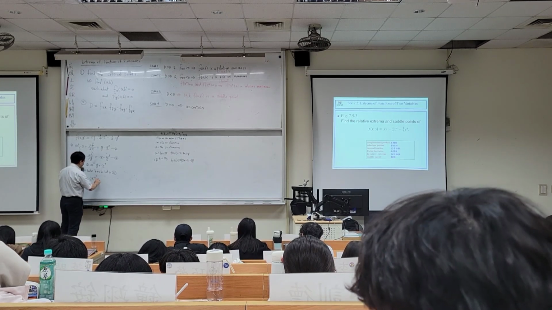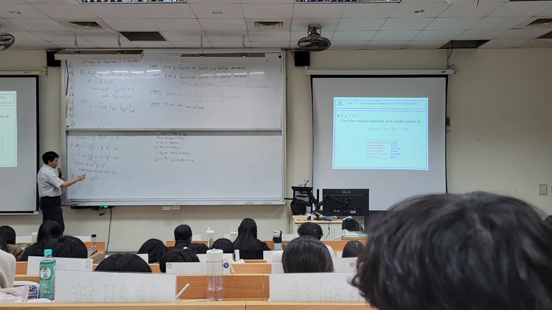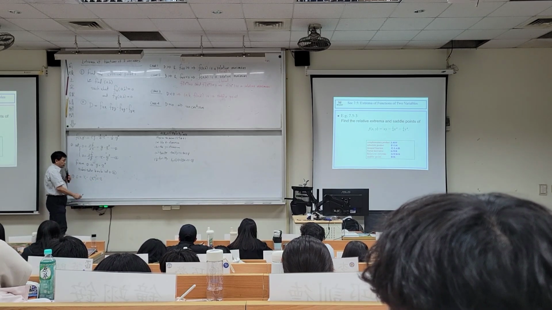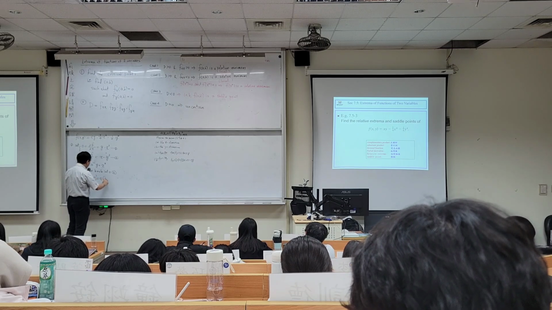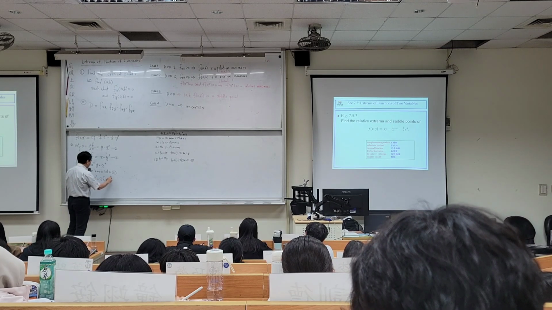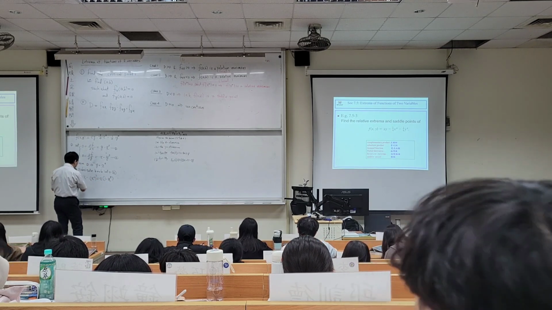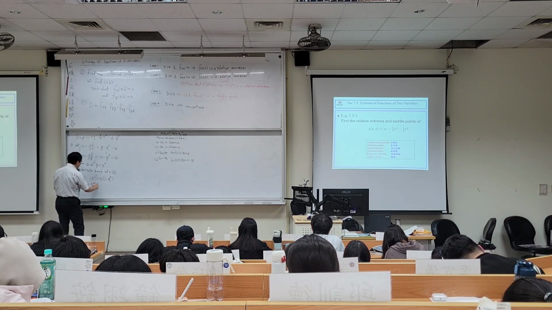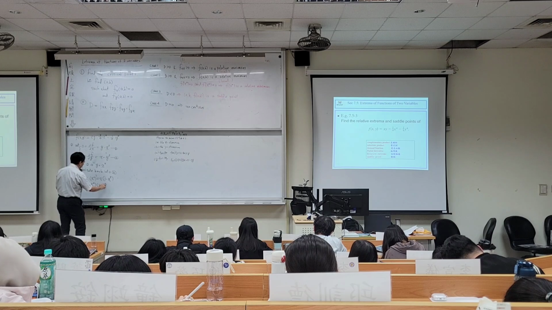So this is actually equal to, I just need to factor out x. I will get 1 minus x to the 8th. So that's equal to x times (1 minus x to the 4th power) times (1 plus x to the 4th power).